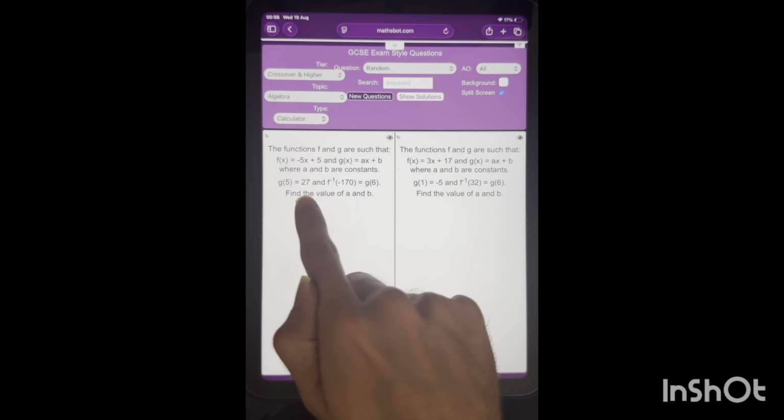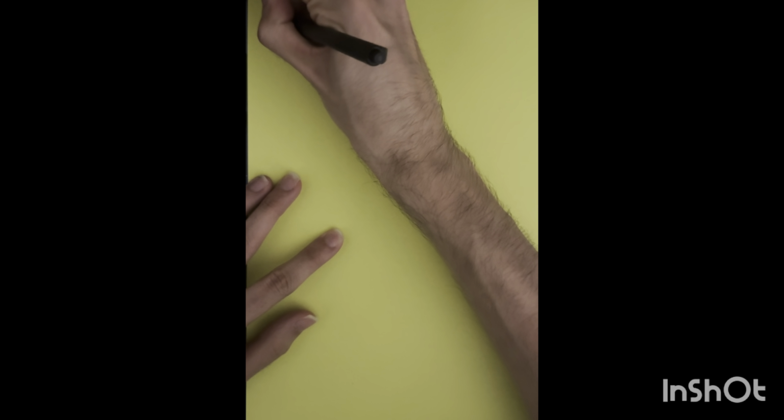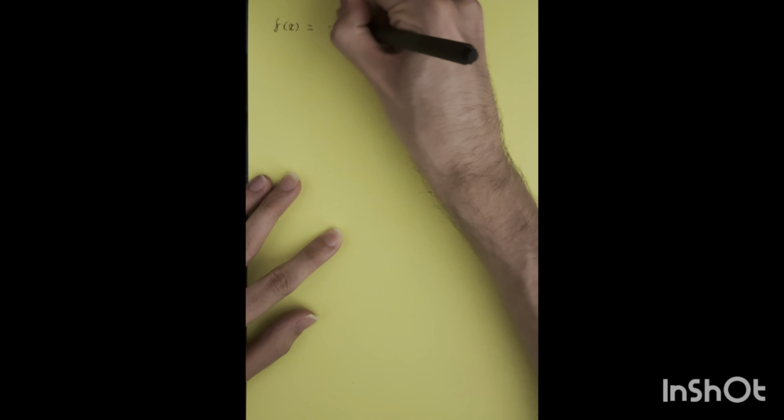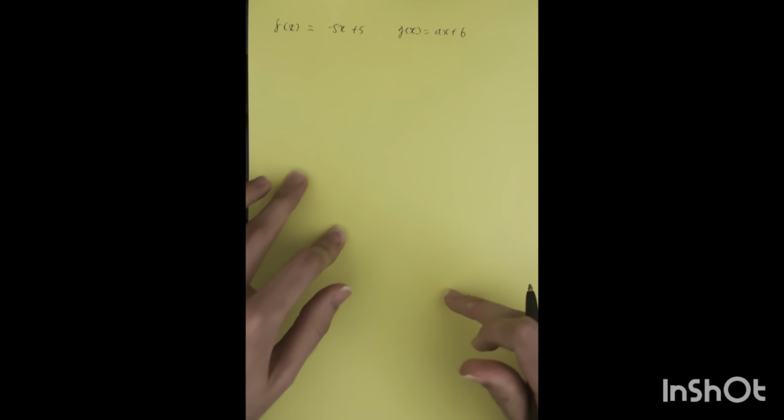I'm only going to do this question, I'm going to ignore the other one. Okay, so we've got the functions f of x equals minus 5x plus 5 and g of x equals ax plus b, where a and b are constants.